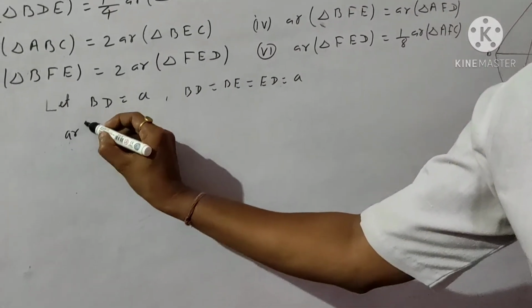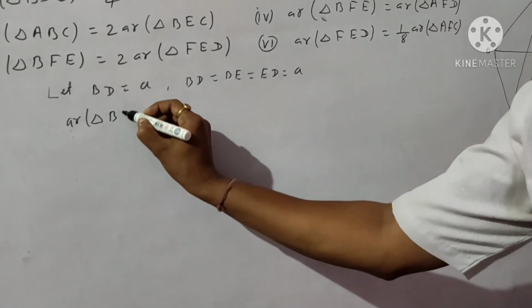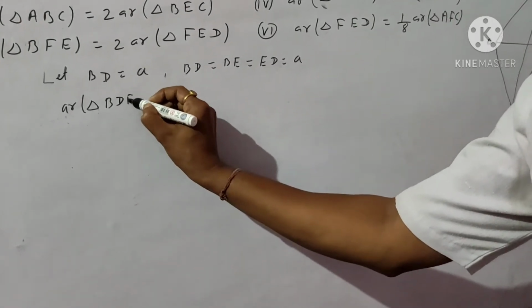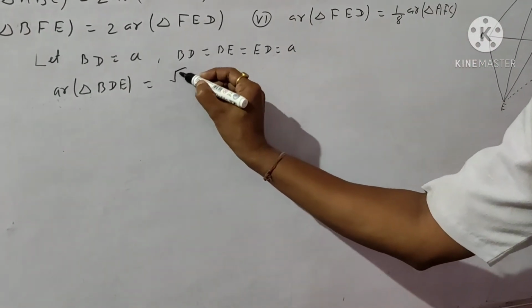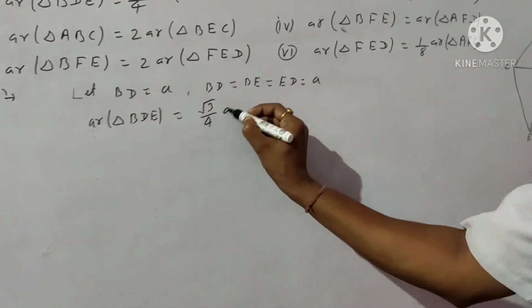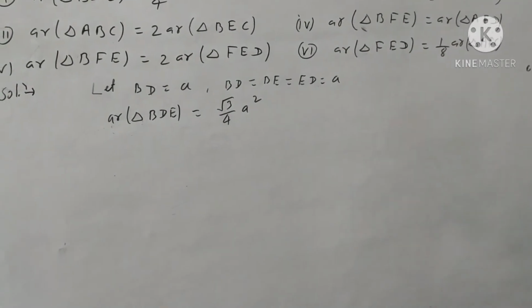So area of triangle BDE is equal to root 3 by 4 into A square. We know that the area of an equilateral triangle is root 3 by 4 into A square.